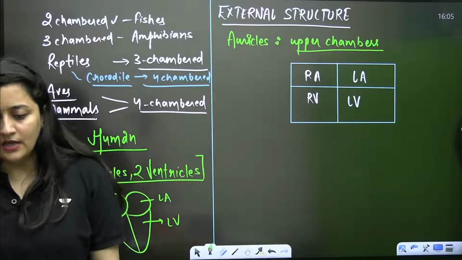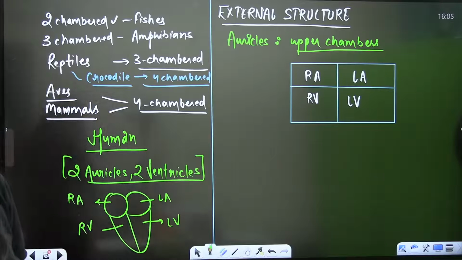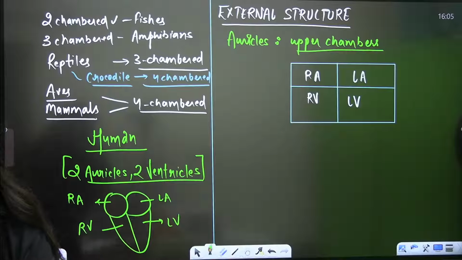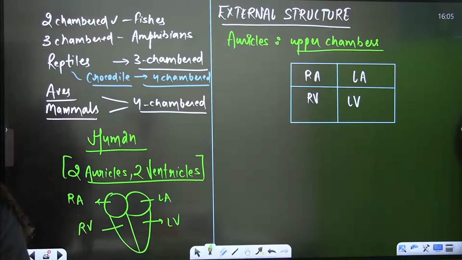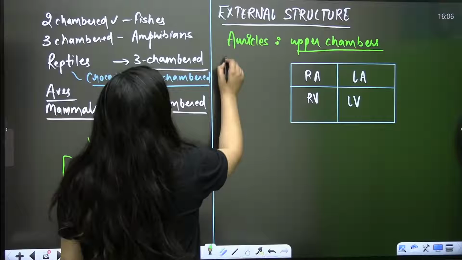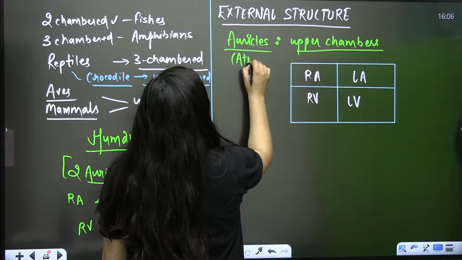When you talk about the external heart, you have the upper chambers, which are known as auricles. These auricles are also known as atria.